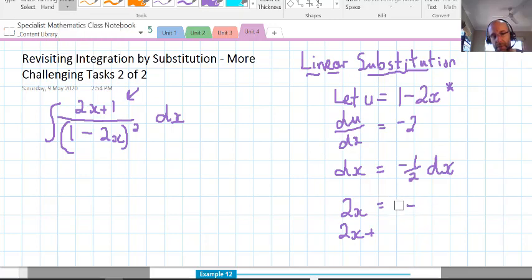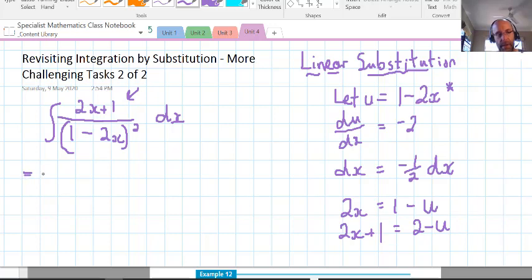What should that have been? 2x is 1 minus u, sorry about that, and 2x plus 1, which we have evident on the numerator of the integrand, adds another 1 onto that, so we could write that as 2 minus u. Okay, so save that for later, that's going to be handy in just a second.